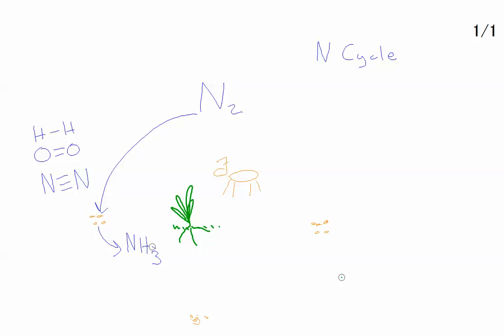And plants can take up the ammonia and use it to build their amino acids and their nucleotides. In fact, if you recall, the amine group in an amino acid is NH2. So it doesn't take a big stretch of imagination to see the plant converting ammonia, NH3, into an amino acid. And if you look at a nitrogen-containing base on a DNA nucleotide, you'll see, again, the NH2 groups.